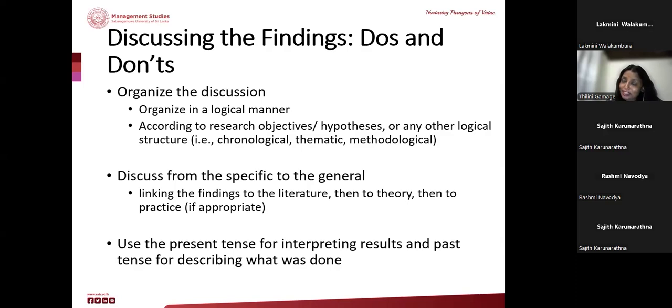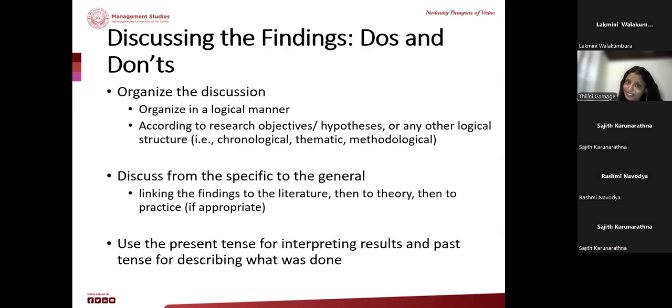Or, with the themes that you have identified, you can follow the thematic structure, or else probably organize according to the different methodologies that you have used.